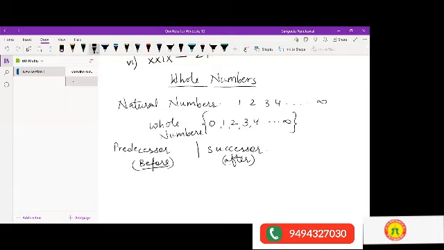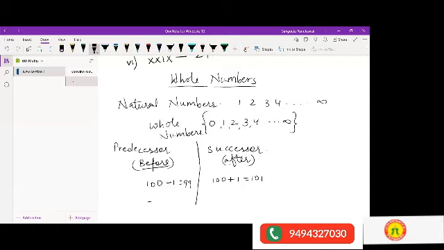Now suppose I give you one number, 100. What is the predecessor of 100? One number before, 99. So for the predecessor you just subtract 1 and you get 99. And the successor means a number after, so you just add 1 to it and you get 101. Predecessor is one number before, successor is one number after.